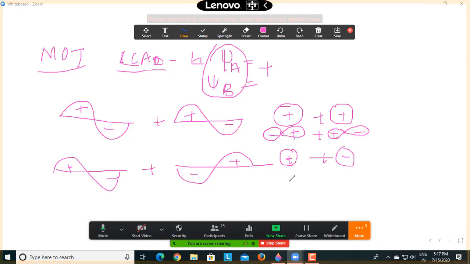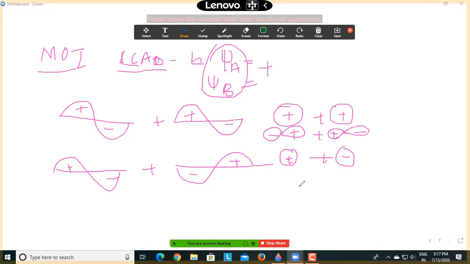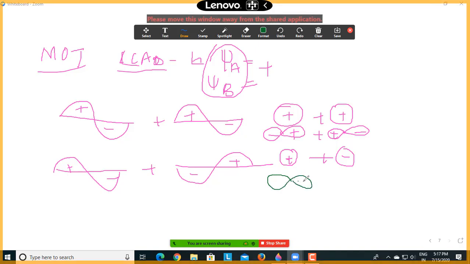Now suppose this one, this side plus, this side minus, can mix with this side minus, this side plus. Understood or not? Are you able to follow?